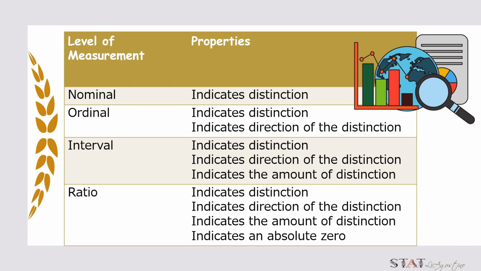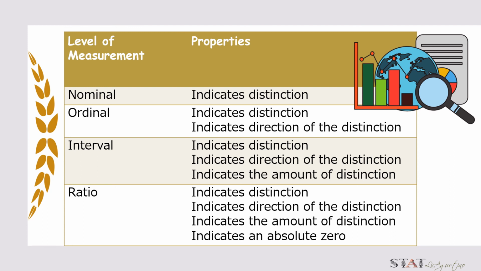So to summarize, we have these levels of measurement and their properties. Nominal just indicates distinction, and ordinal indicates distinction as well as the direction of the distinction: first, second, third, fourth, fifth, and so on and so forth. And then the interval also indicates distinction, indicates the direction of the distinction, and indicates the amount of distinction.